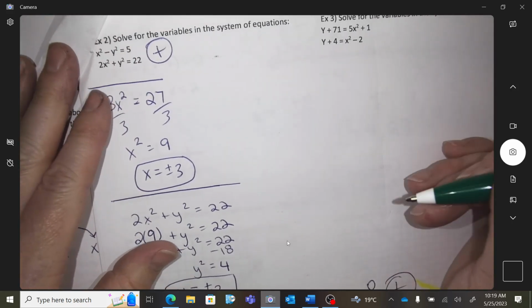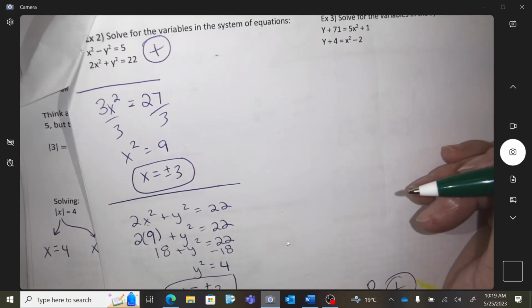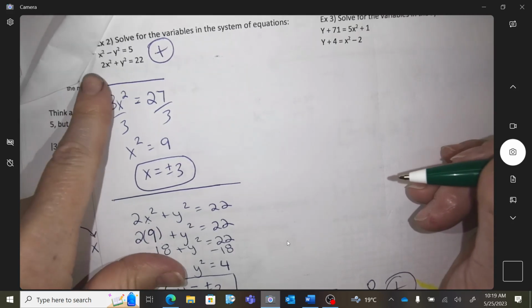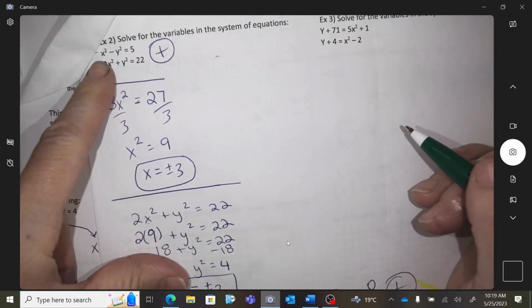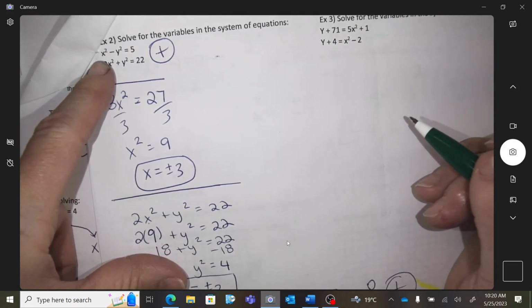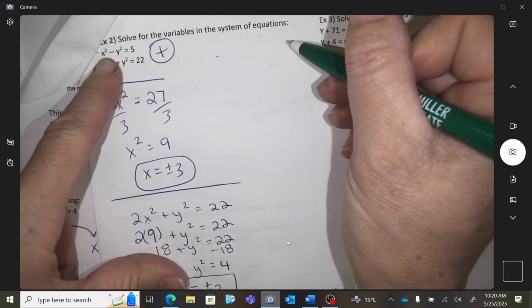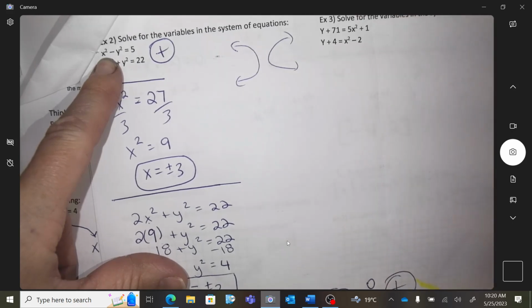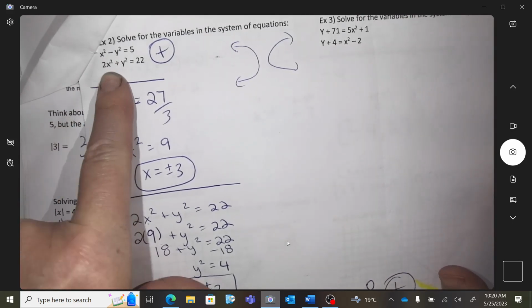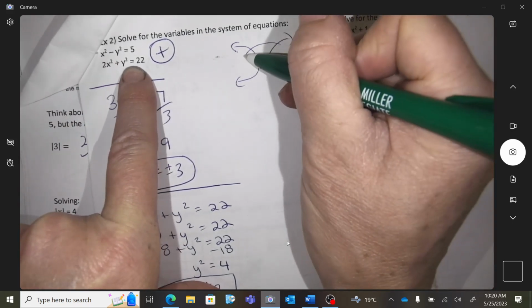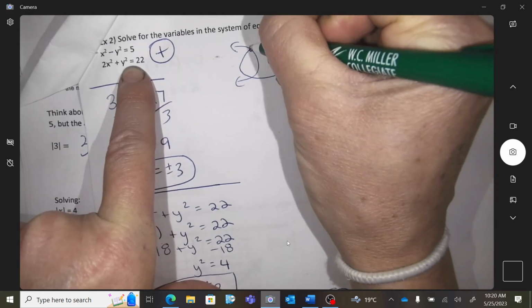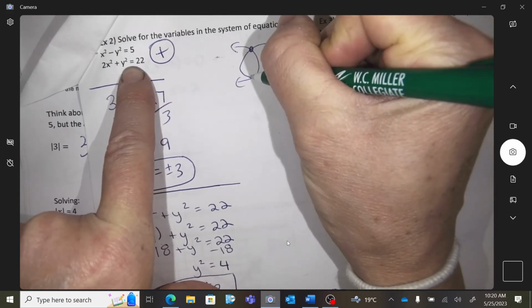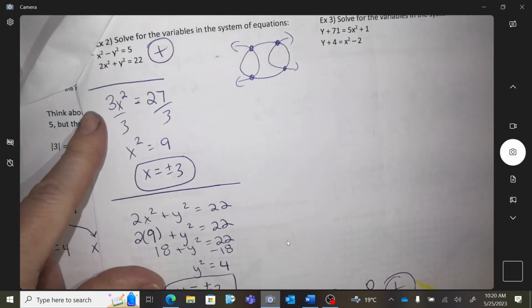Okay, my advanced class actually just graphed things like this, which you will never do, but here's why we didn't pick that. This is a hyperbola. So the top equation looks like that. That's what it graphs like. And this one is an ellipse. So guess how many times they meet each other? 4.